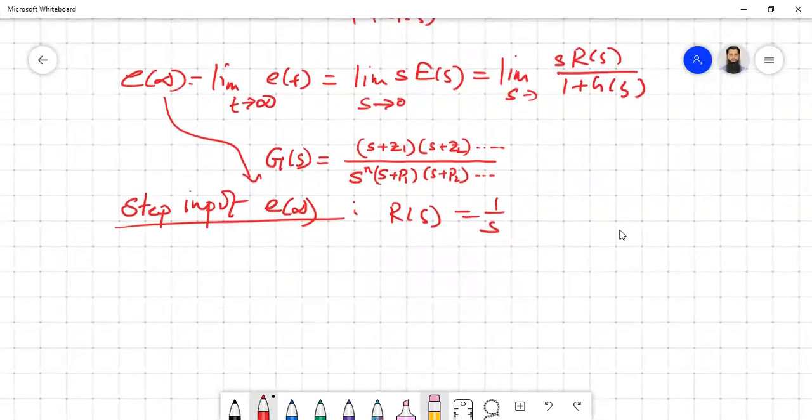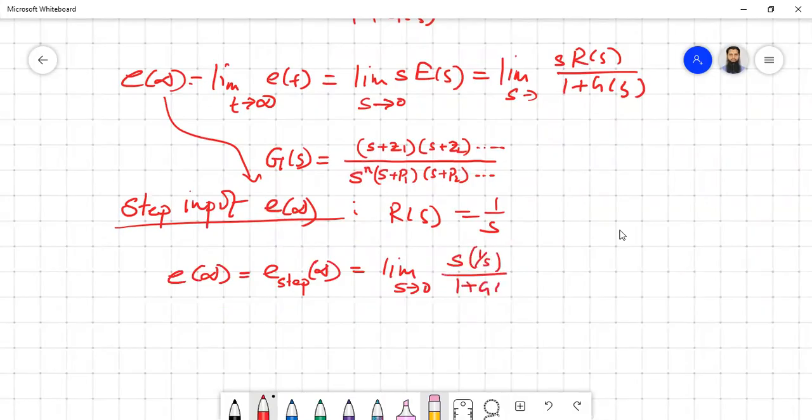So our steady state error, for step, e_step(infinity) equal to limit s tends to 0 of s R(s) by 1 plus G(s), where R(s) is replaced by 1 by s.